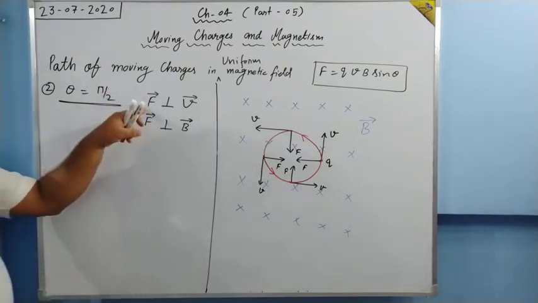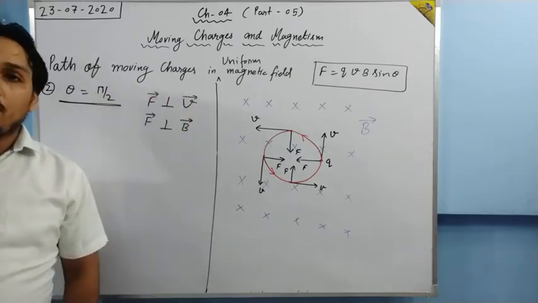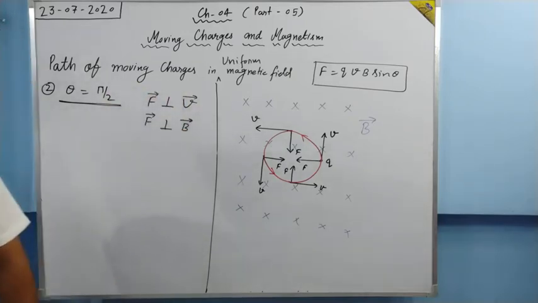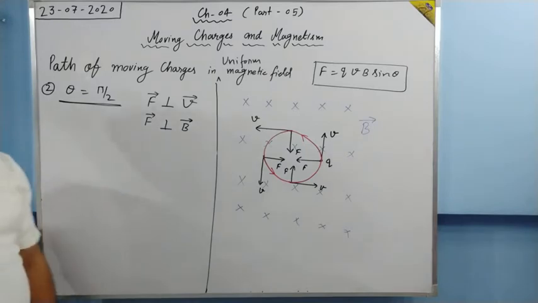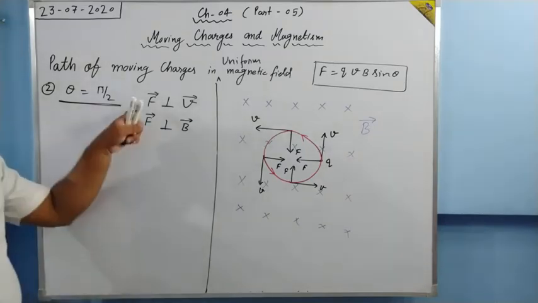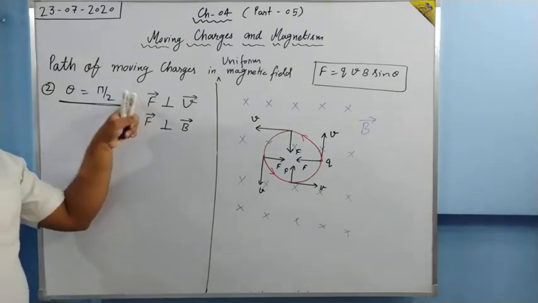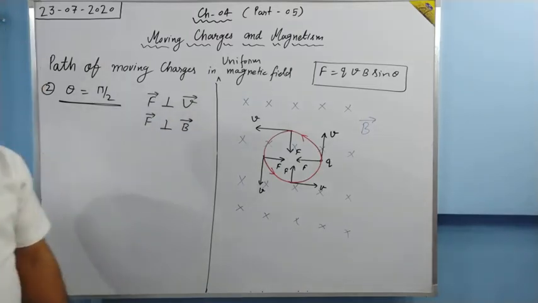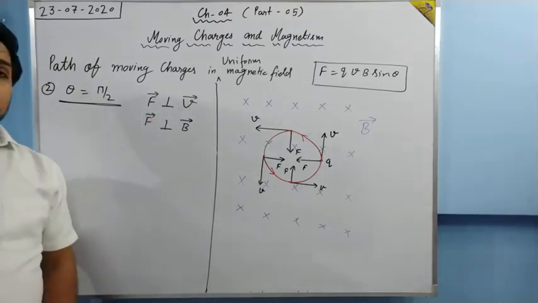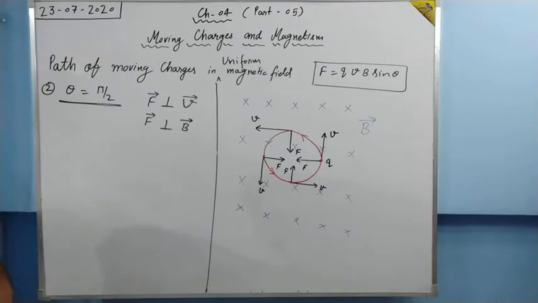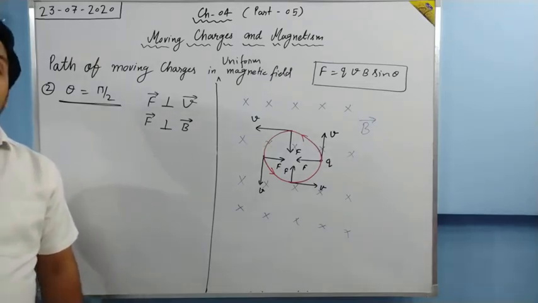A motion where the force acting on the body is always perpendicular to the velocity is circular motion, and that force or acceleration is called centripetal force or centripetal acceleration.